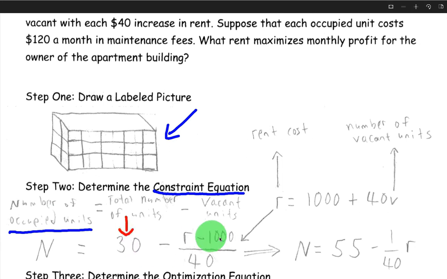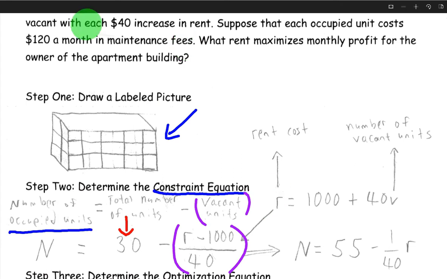Now, the other part, the number of vacant units, is a little bit more complicated, and I want to show you how we get from here to replacing it with R minus 1,000 over 40. What is R? Well, R is the rent cost.